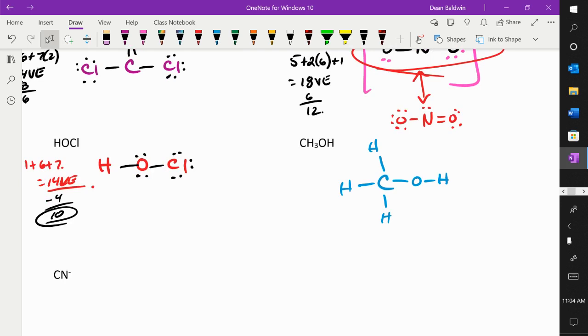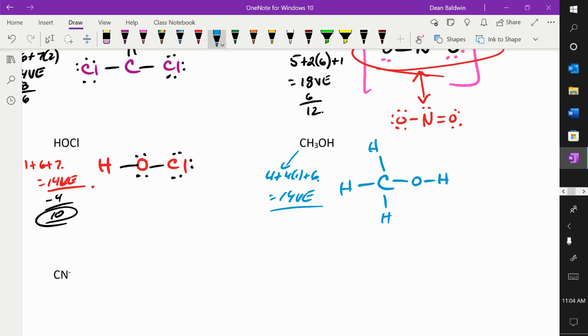Okay, how many valence electrons are in this guy? So carbon's got 4, plus there's 4 hydrogens times 1, plus the 6, 14. 14 valence electrons.